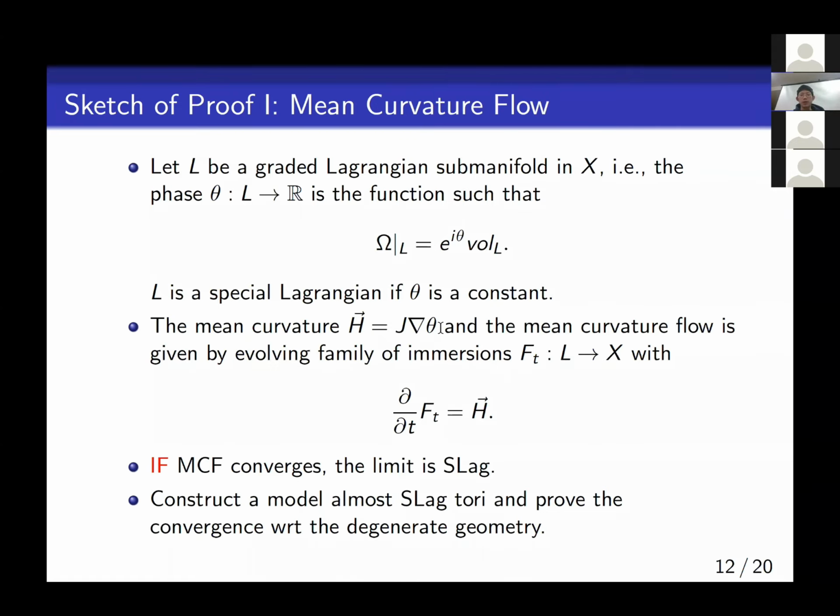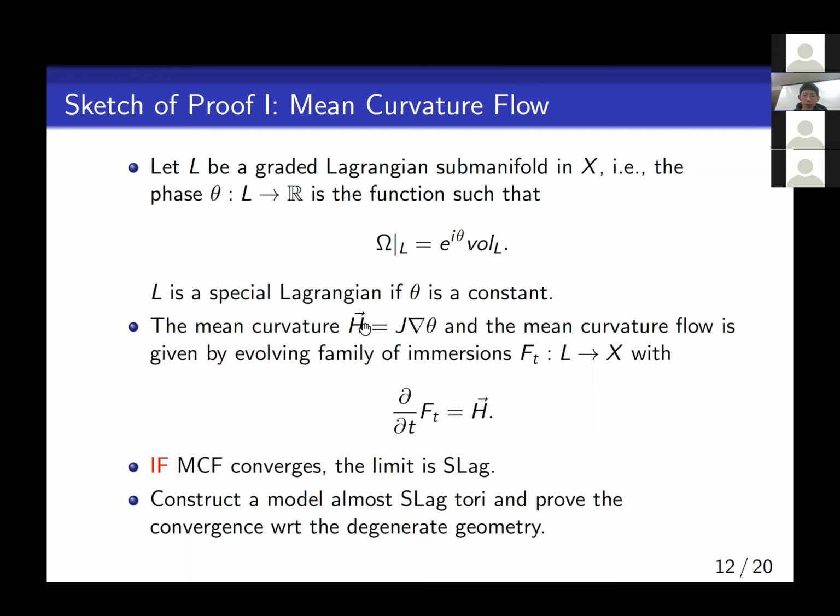And one can consider something called mean curvature flow, by deforming the Lagrangian in the direction of the mean curvature. The reason why we care about this is that if one can prove that the flow converges, then the mean curvature in the limit will be 0.